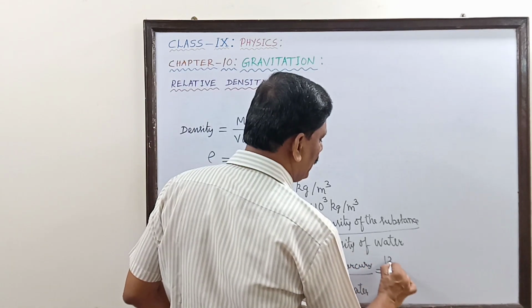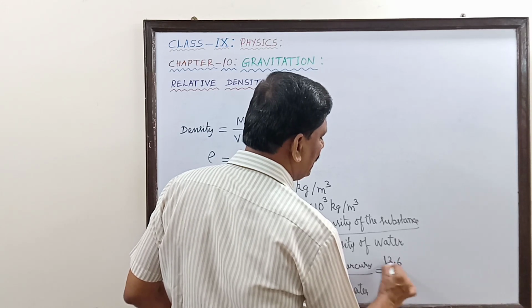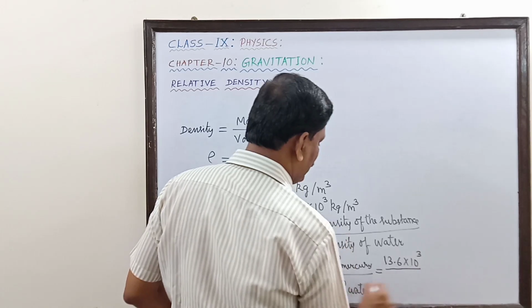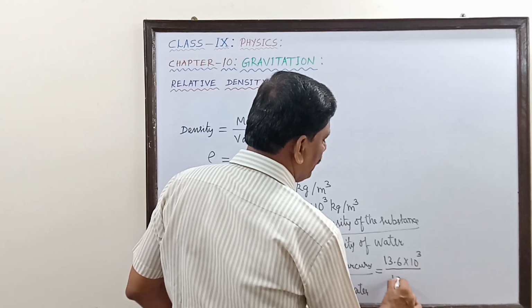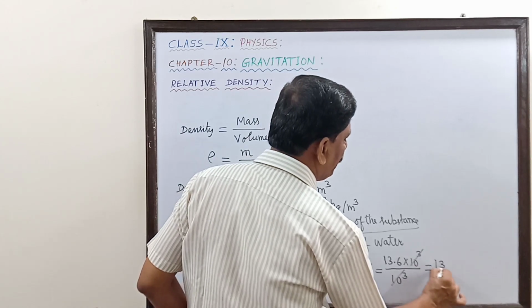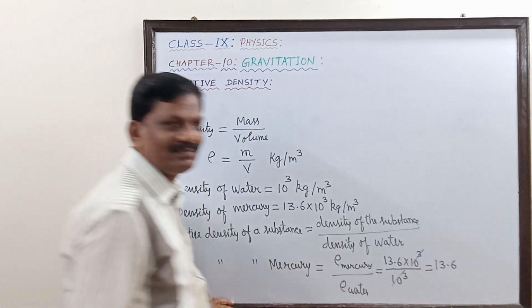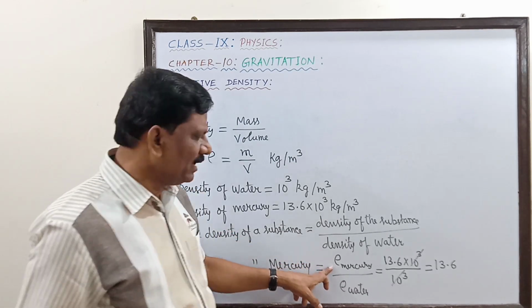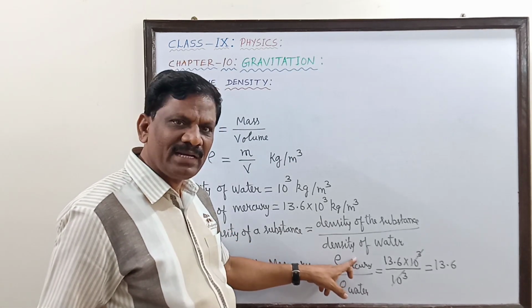So this is equal to what? 13.6 into 10 power 3 divided by 10 power 3. So this is equal to how much? 13.6. Density of mercury in the numerator has a unit of kilogram per meter cube.